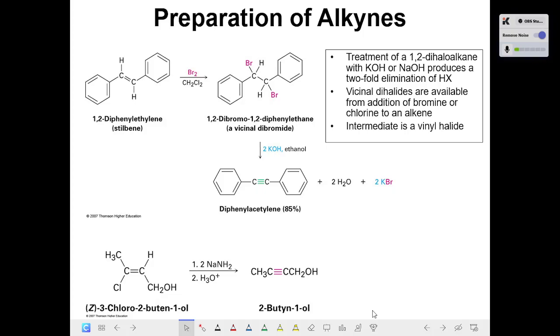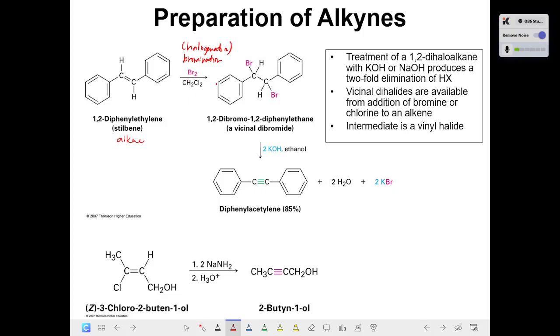So, here's a slide for the preparation, kung paano ba pine-prepare yung ating alkynes. So here, you have an alkene, and then you subject it to bromination. So this is bromination, or in more general sense, this is halogenation reaction.